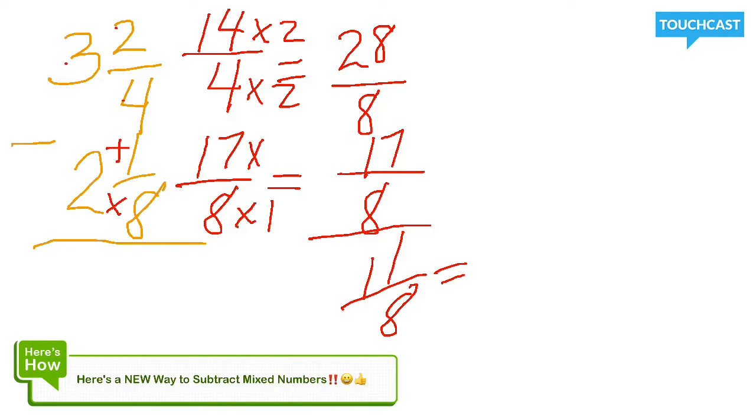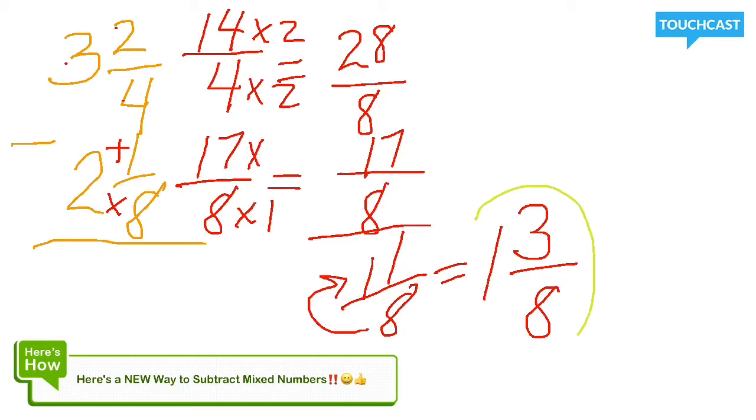And you do this by asking yourself, how many times does 8 go into 11? 8 goes into 11 one whole time. There's 3 left over, and the 8 stays the same. And that is your final answer. Okay, that's one example.